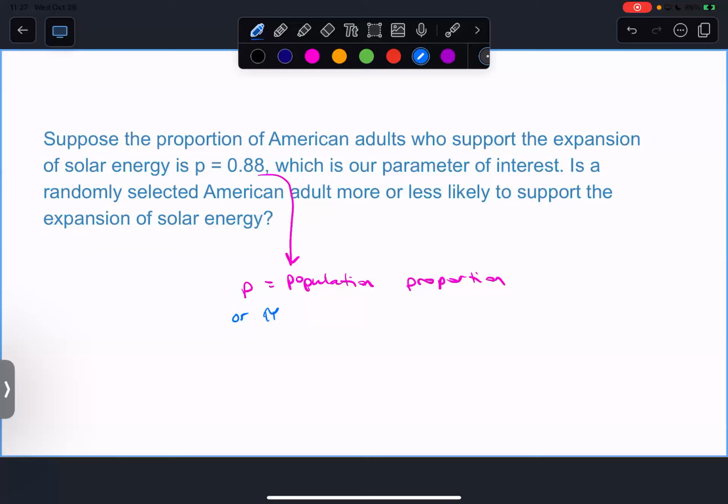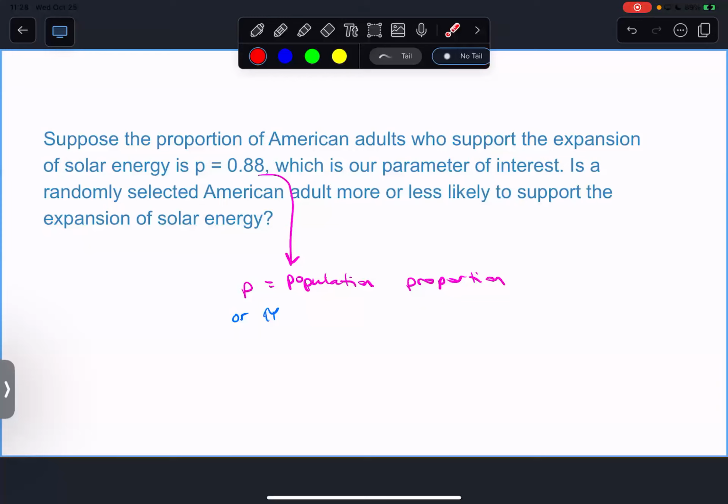So now, if we know the population proportion is 0.88, is a randomly selected American adult more or less likely to support the expansion of solar energy? What are we saying with the 0.88? We're saying the probability of someone supporting it is 88%.